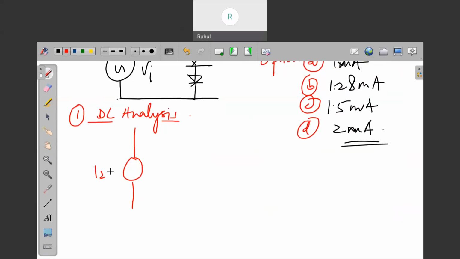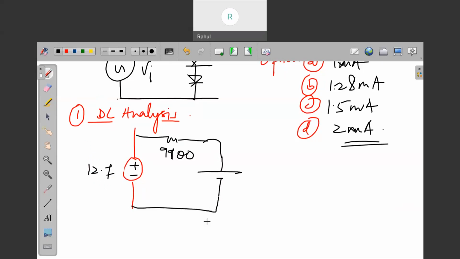So this is 12.7 plus minus DC voltage, and this is 9900, and there are 4 voltage sources, I mean 4 batteries, so you can say 4 times 0.7. Now you can find the I, ID, from here.